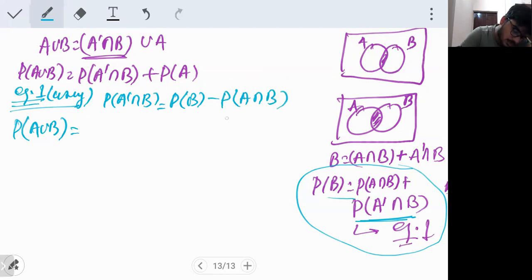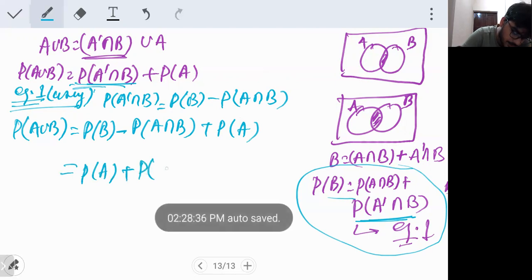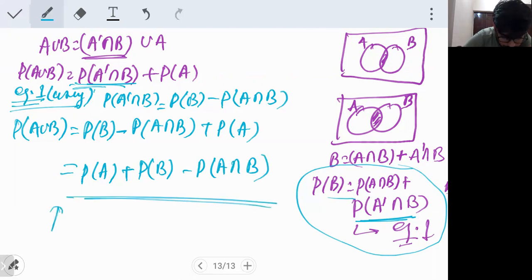There's no issue. We have to just replace this value over here. Similarly, we replace it: probability of B minus probability of A intersection B plus probability of A. When we arrange it, this equals probability of A plus probability of B minus probability of A intersection B. So this is our fifth theorem of probability.